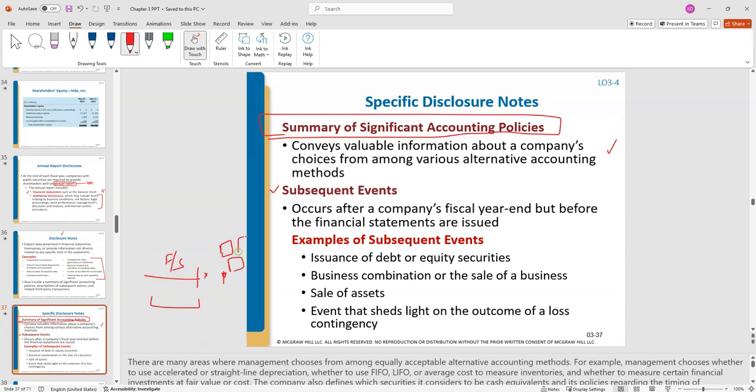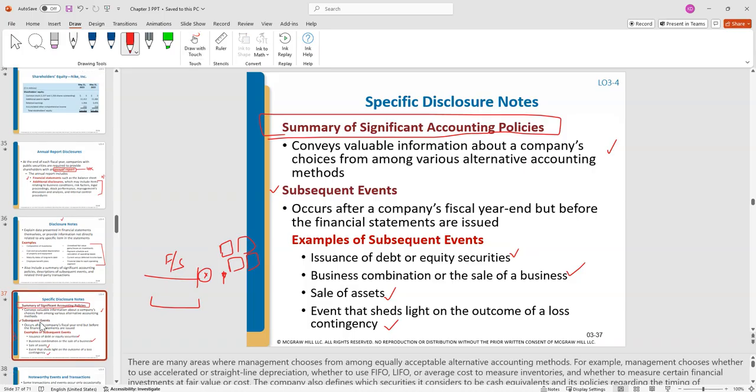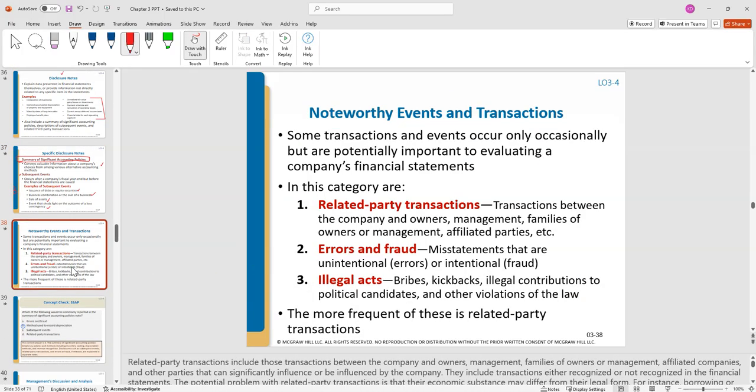The four financial statements. We release them on this date, they reflect that time period, but something happened intervening. So maybe there was issuance of debt, some type of business combination, we sold significant assets, there was an outcome on a contingency, but these are again something a reasonable third party investor would want to know about.